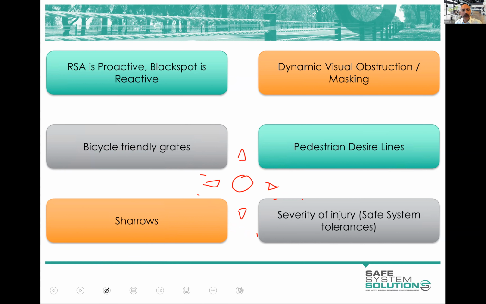Just say, consider implementing a roundabout to slow speeds and improve crash angles, because we know that then the vehicle coming in here will be slower and the crash angle will be better. That's another primary treatment. So there's a couple of examples for that sort of crash type.